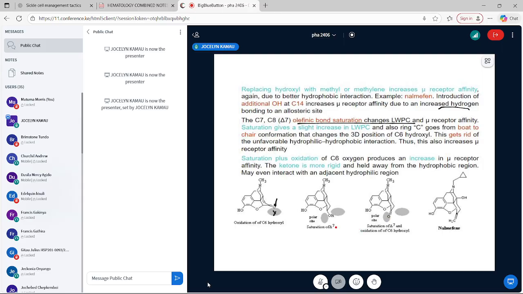Now look at this next. As you can see here, we are considering this to be a polar site. This is to be a lipophilic site. Now when we do saturation, the group even moves further. So this is on saturation. I'm sorry, on oxidation. Sorry, this is on oxidation. When we do oxidation now of the hydroxyl group, you can see now the ketone moves even further and interacts with the polar site.